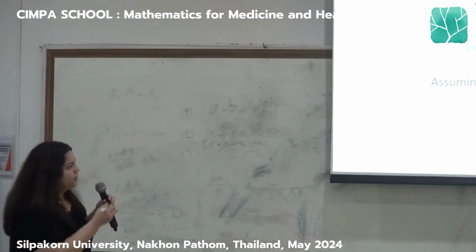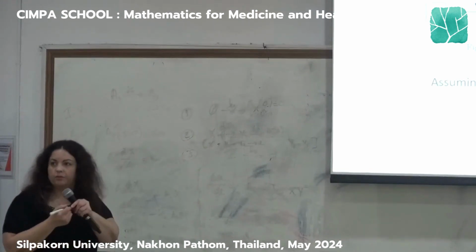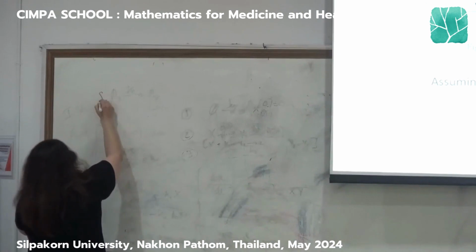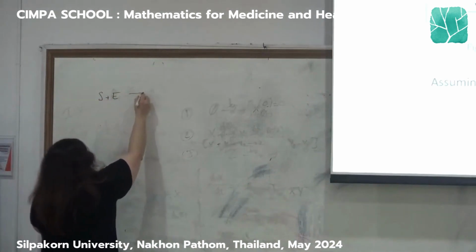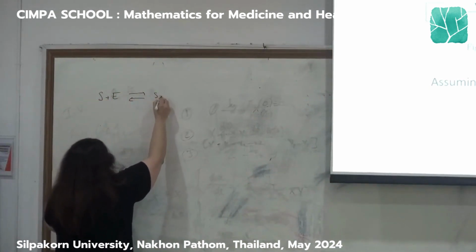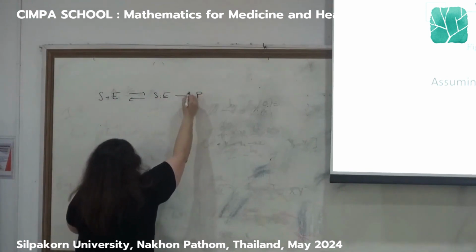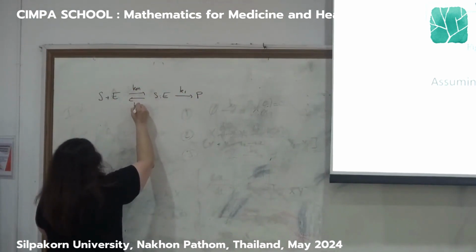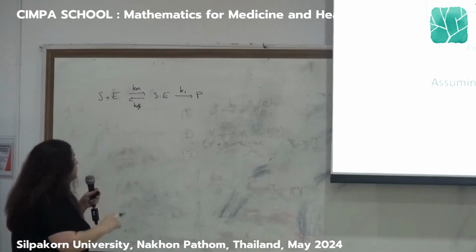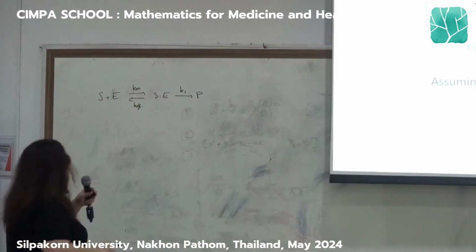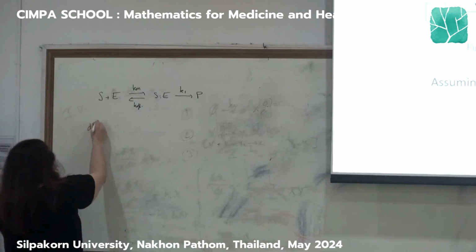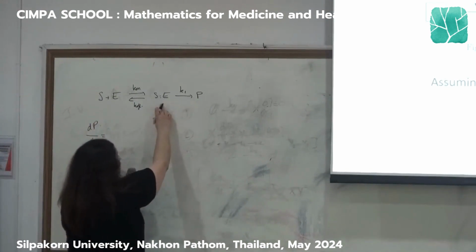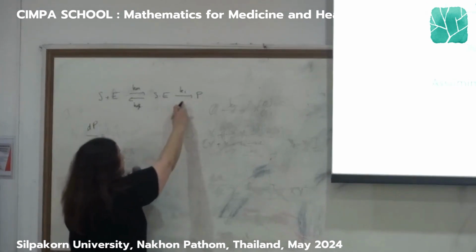Let's write the equations using the law of mass action, because now we can use this law because we know it. So for instance, if I want to write the equation for P, P is produced from the complex SE at the rate K1.